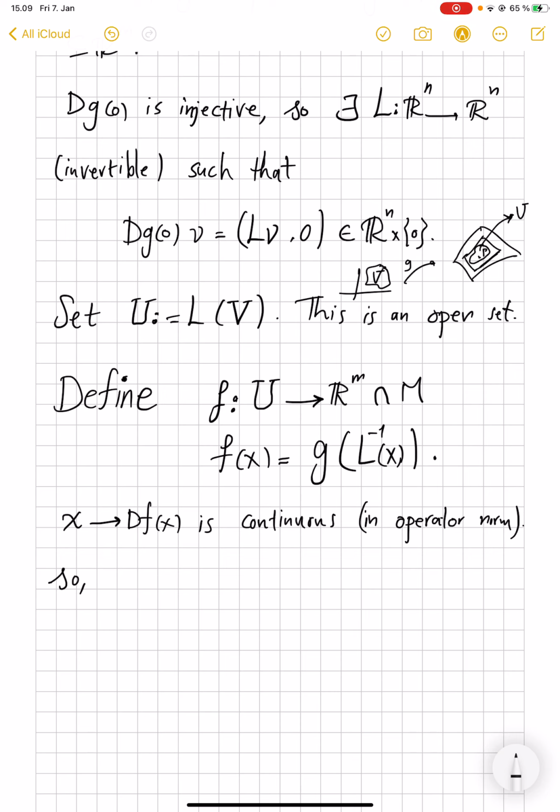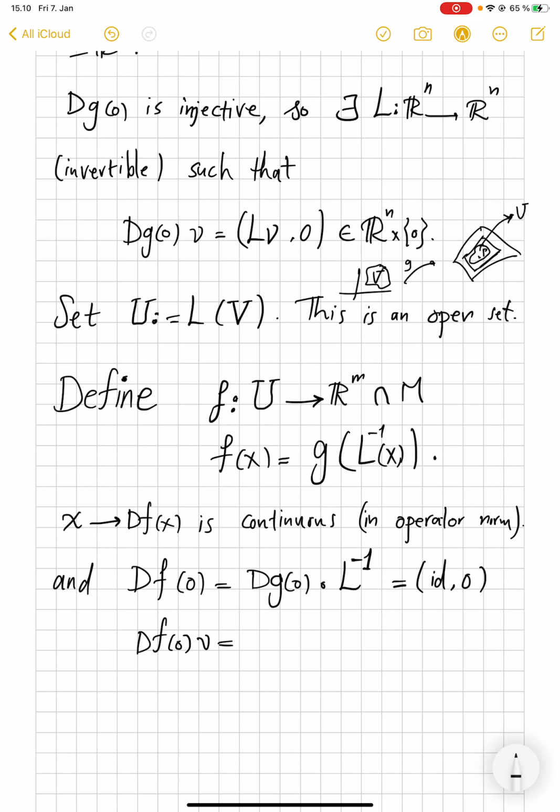So first of all, x to the derivative of f at x is continuous in the operator norm, and the derivative of f at 0 is the derivative of g at 0 composed with L inverse, because the derivative of a linear map is itself, and that becomes the identity map. So it becomes identity and the 0 map. In other words, df0 applied to V is V and 0.